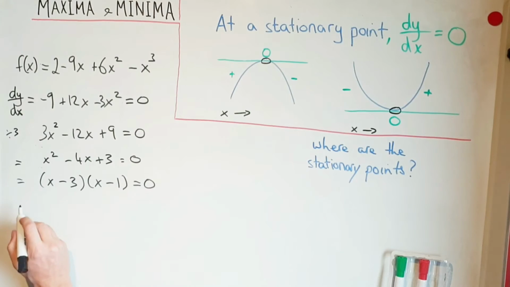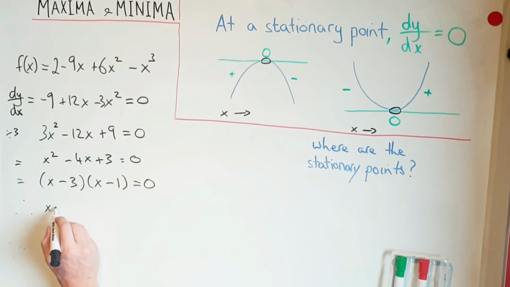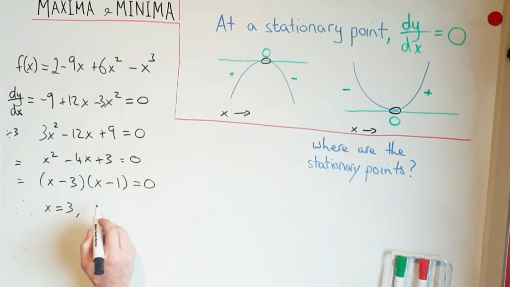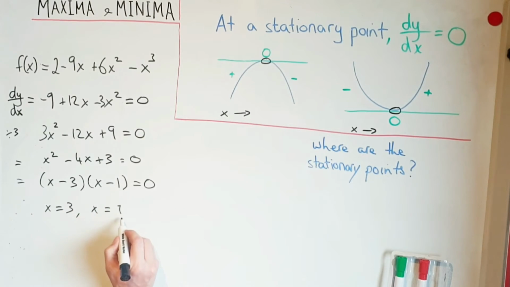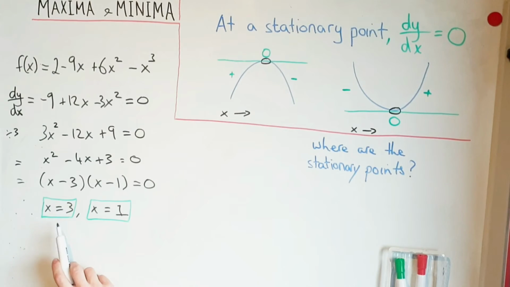So as we know how to finish this off, we know that x is equal to 3 from this factor, and x is equal to 1. Alright, so where are we? Well, we have found the x values of this function where the stationary points are located.